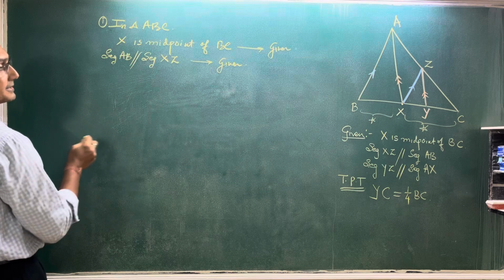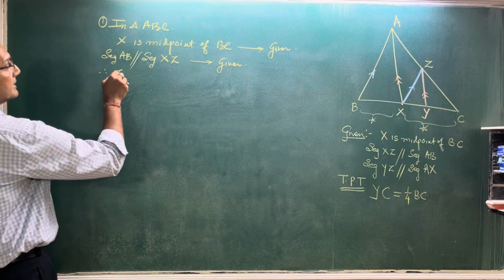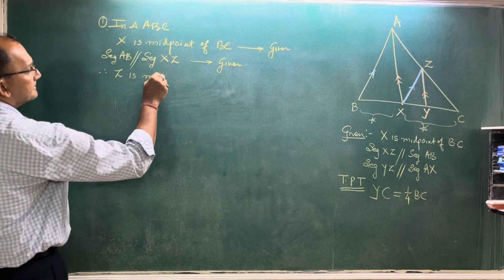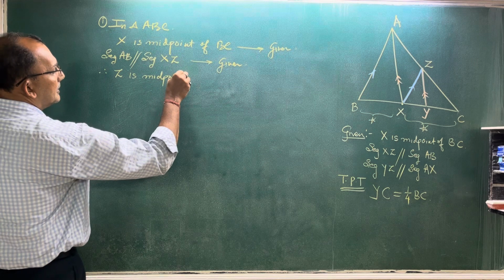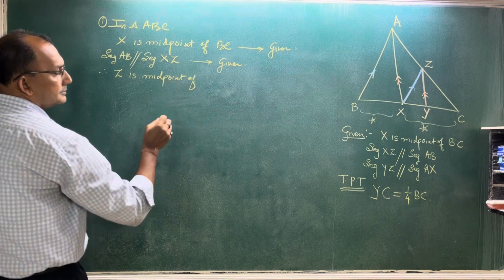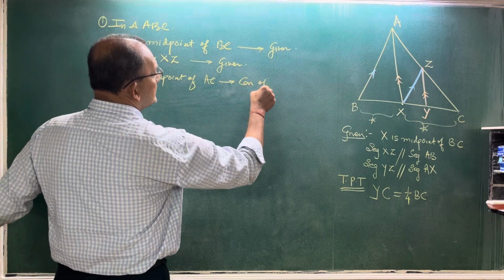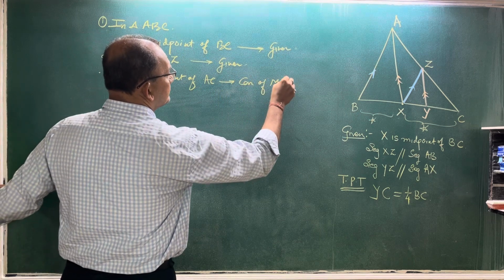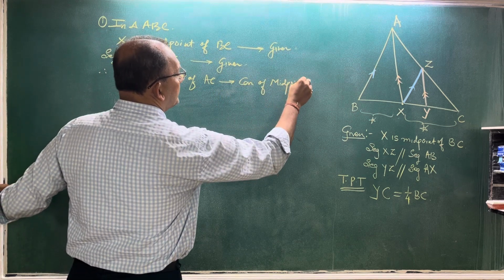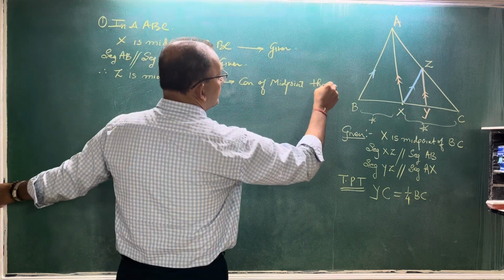So what will happen is that, therefore, Z is midpoint of AC. This is by converse of midpoint theorem.